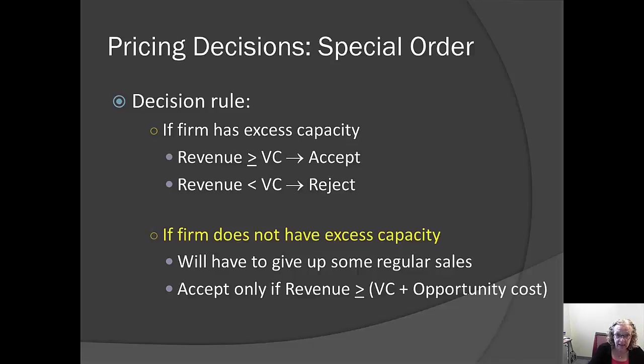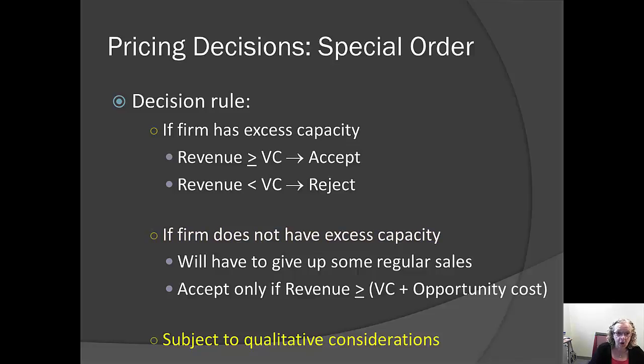In that case, in terms of dollars alone, the firm should accept the special order only if the revenues from that order cover the variable cost of the order and the opportunity cost, the profit from the orders that the firm gives up, because it won't be able to fulfill some of its regular sales.